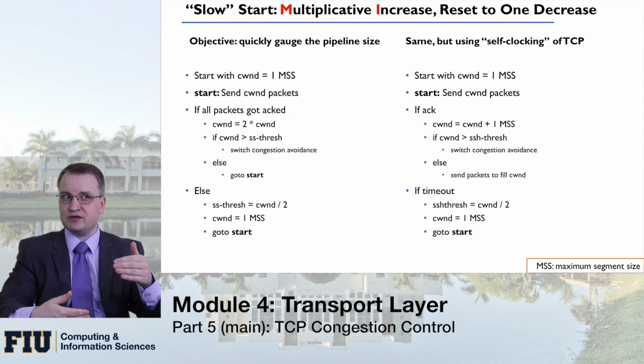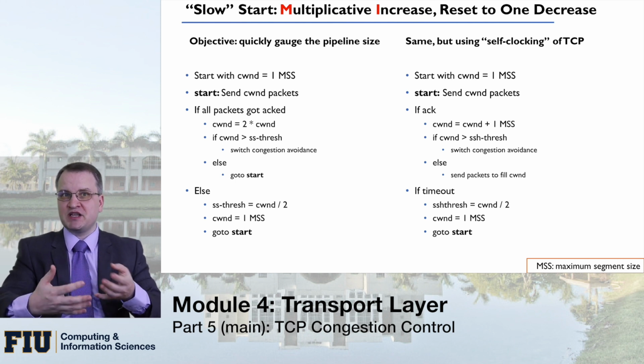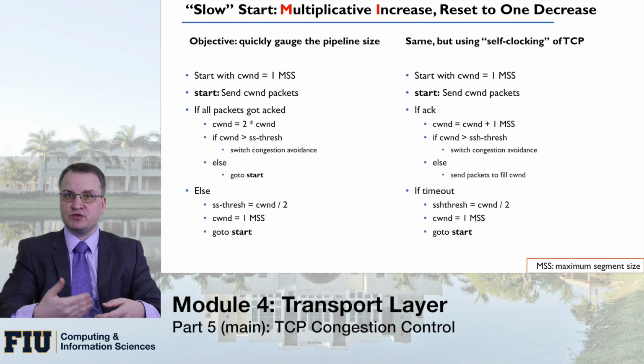So kind of assuming the previous time everything was fine, that's probably a good value to have as a congestion window. And then reset the congestion window to 1. And then again back to start.